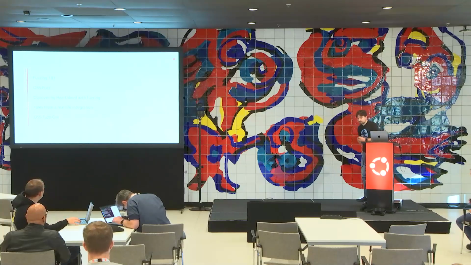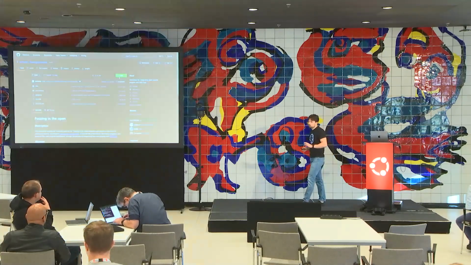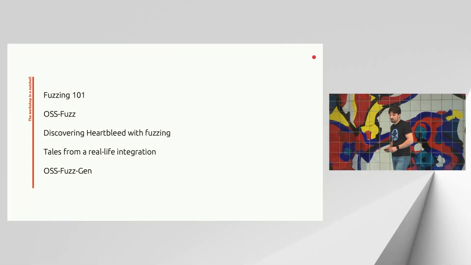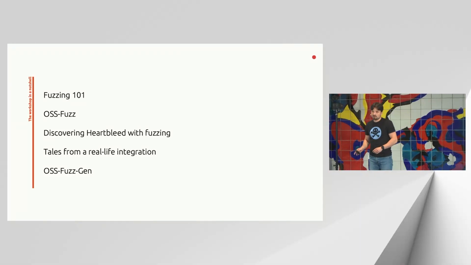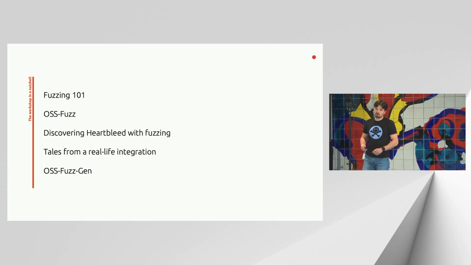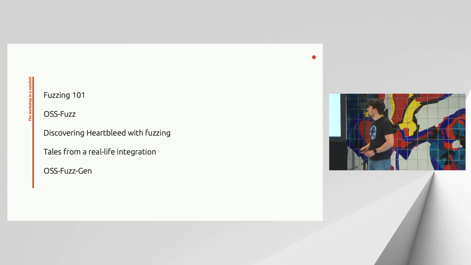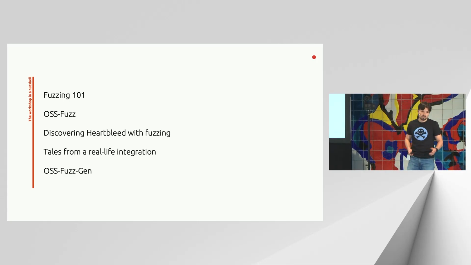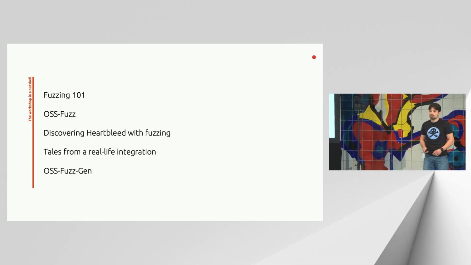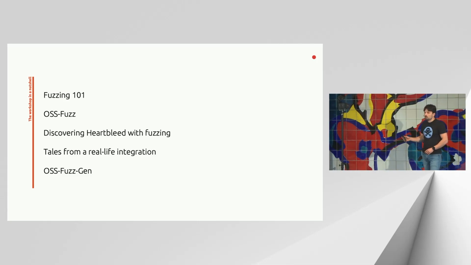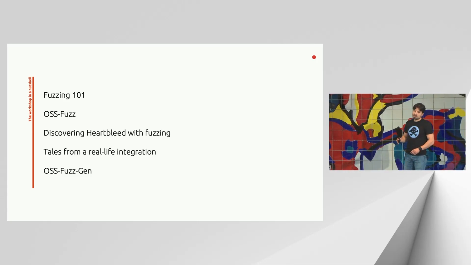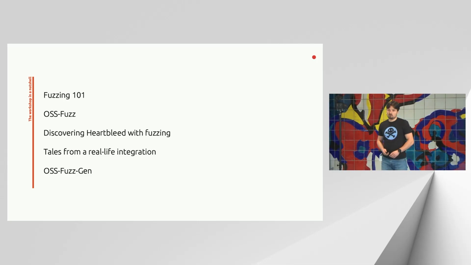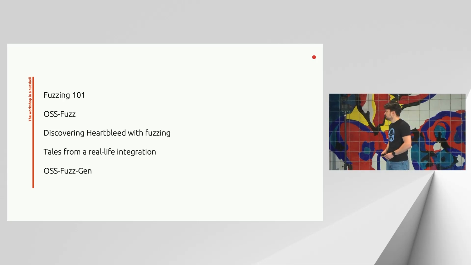Okay, this being said, let's have a brief look into what we will discuss in this 1 hour and a half. We will start with a quick introduction into fuzzing, into what this concept assumes. We will talk about OSS-Fuzz, and we are lucky because we have Dongge here, who is basically developing OSS-Fuzz. We will have a practical part, in which we will discover Heartbleed, a really well-known vulnerability, by using OSS-Fuzz with the OpenSSL codebase.